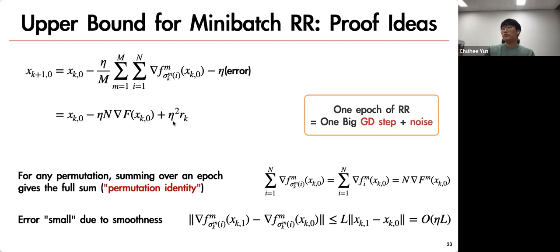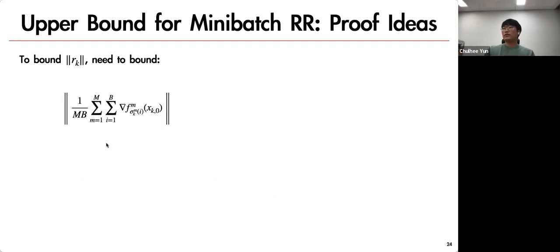So what we do to do that is to bound this norm of R_k. And bounding this norm of R_k boils down to bounding the norm of some partial sums of this form. Okay, so if you look at this sum, you can first see that for a fixed machine m, each of the local component gradients is a vector, right?